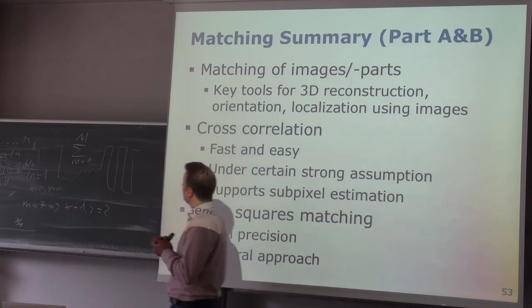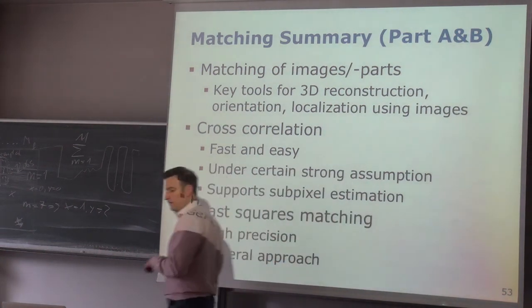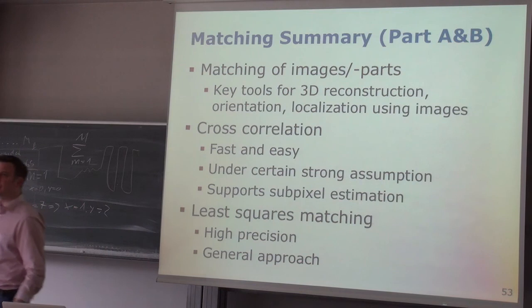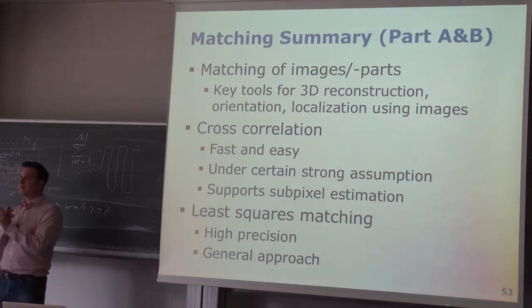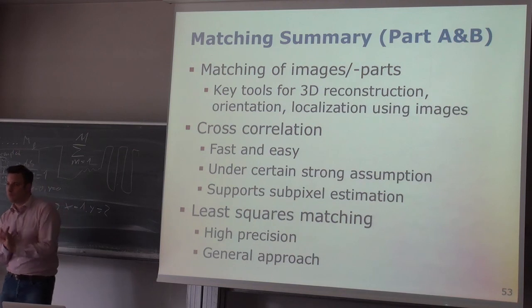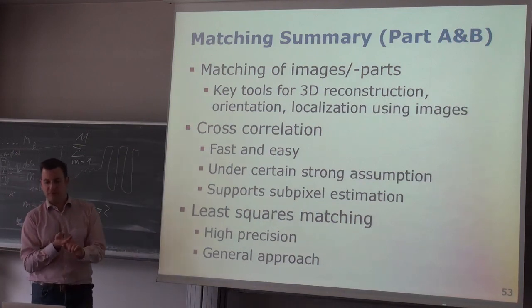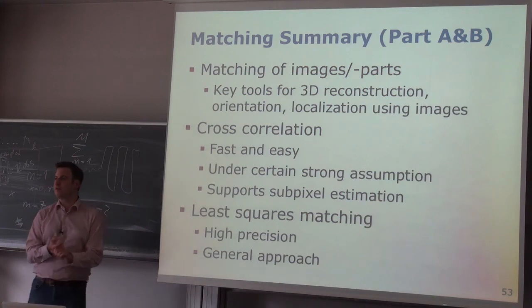So, to sum up this chapter on matching: what we have seen in the lecture today and in the lecture last week was that finding correspondences between images is an important task. That's hopefully clear. And one of the key tasks that we're addressing here, especially later on in Photogrammetry II, is that we need that in order to do 3D reconstructions.